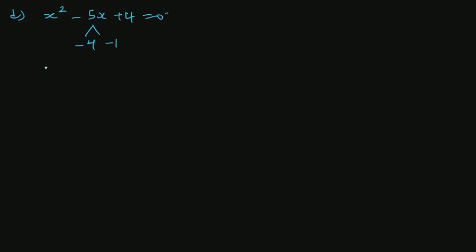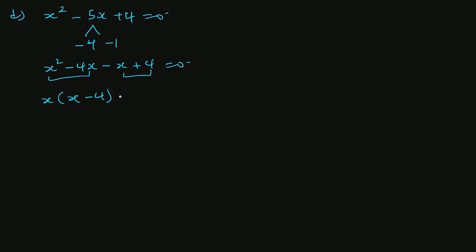So we expand. This will be x squared minus 4x minus x plus 4 equals 0. When we factor out, I can group this and this, this and this. What is common here? x is common. When I take it out, I remain with x minus 4. Then what is common here? Since I want the brackets to be the same, I already have this 4 here, but this 4 has to be negative because I have a negative here, and this should be a positive.